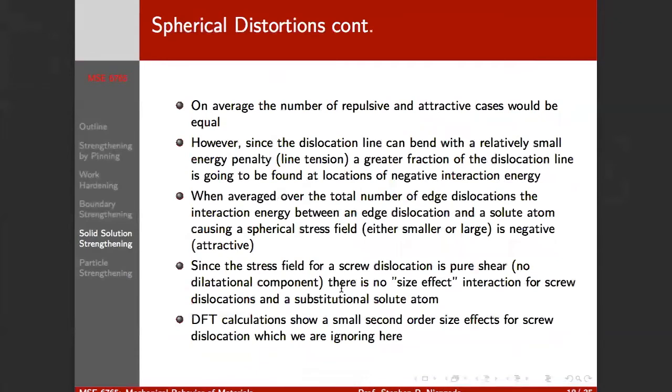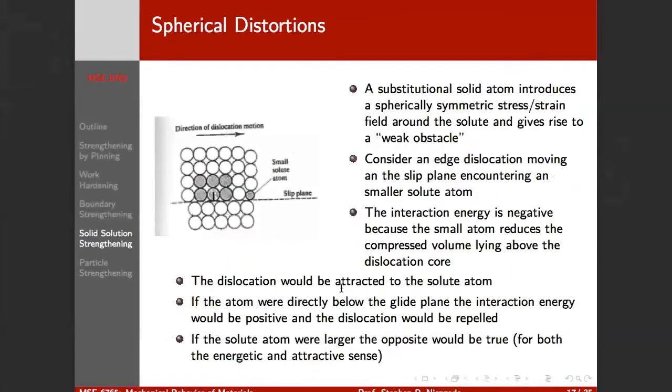Okay, but here's the rub, right? These solute atoms don't move around very fast, right? Those have to diffuse. If it's an actual substitutional solid solution at room temperature, there's not a lot of mobility for these to hop around. So on the scale of the deformation, we can assume that these are sort of fixed.